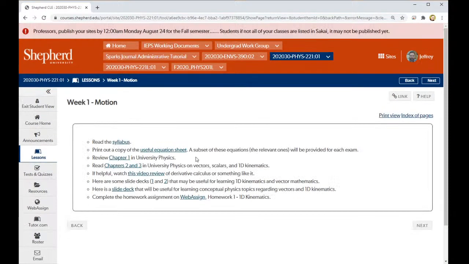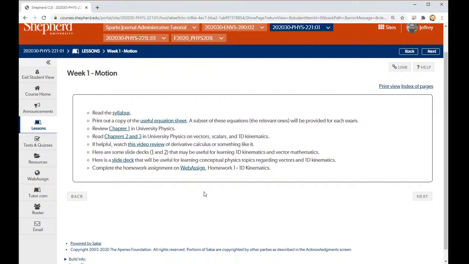If you click week 1, I've put some bulleted statements here which help guide you and remind you of what you should be focusing on that week. There are some links in here: a link to the syllabus and a useful equation sheet. It's good to have a printout of it when you're doing your homework and studying.